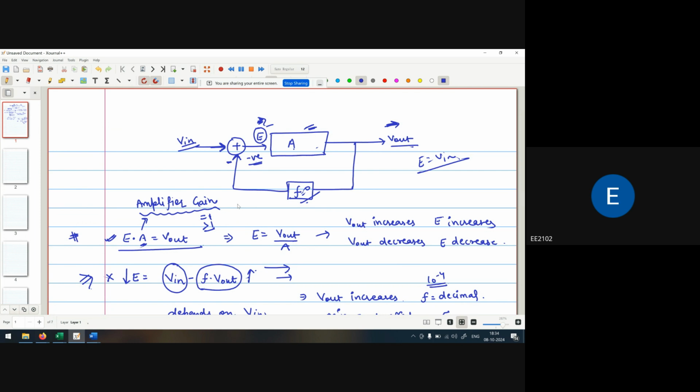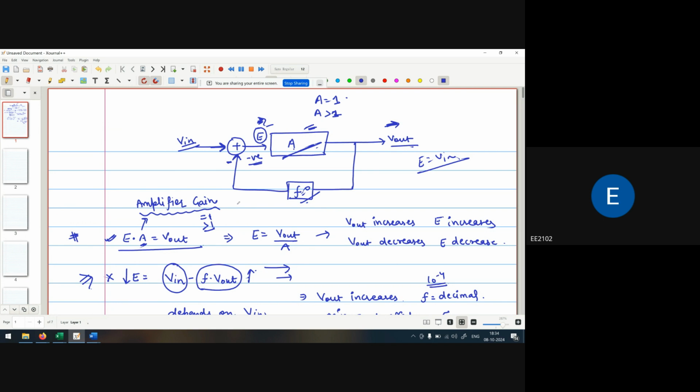Basically the amplifier is a device that is used to amplify the input signal. Clear? If no amplification is required, I set the value of A as 1. If amplification is required, I set the value of A greater than 1.